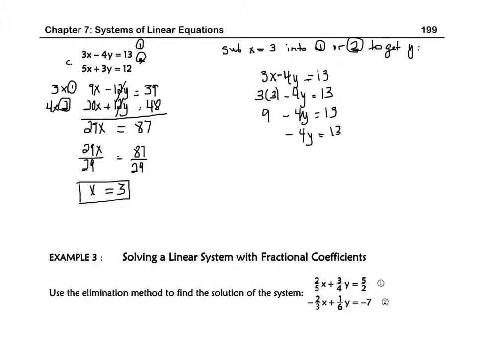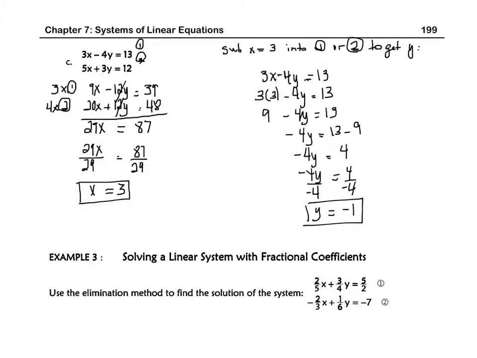So 13 minus 9, which is going to be 4, and then divide both sides by negative 4. So you've got an x value of 3 and a y value of negative 1.